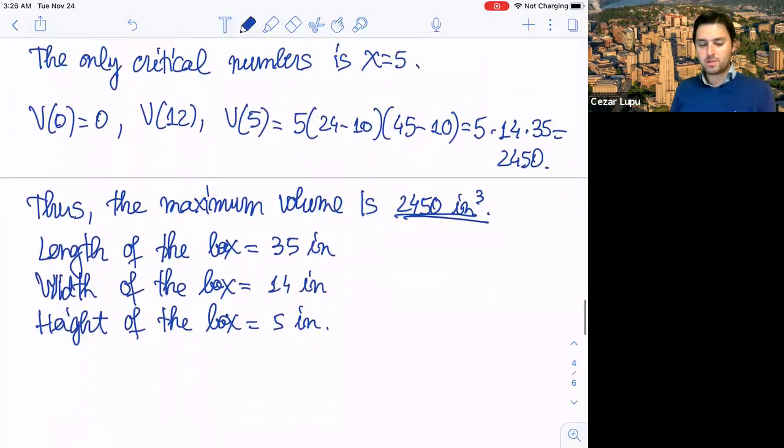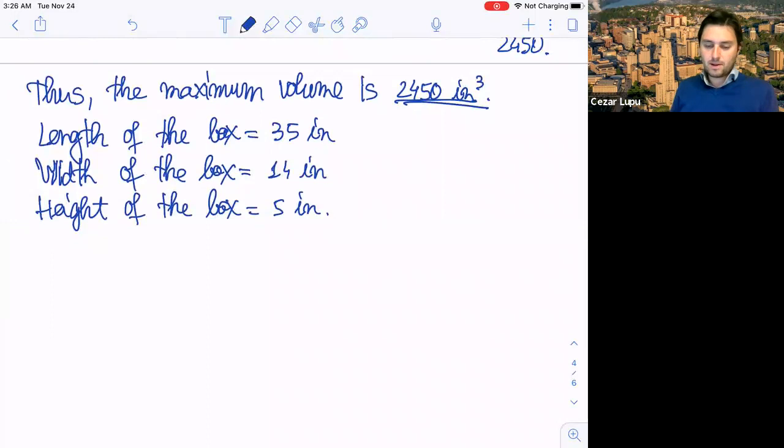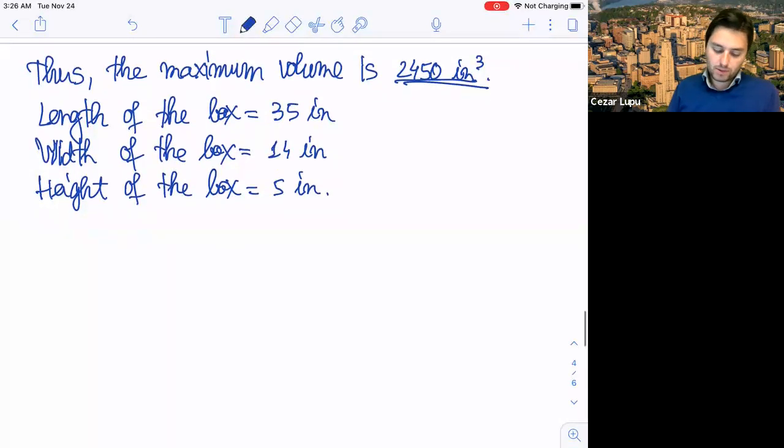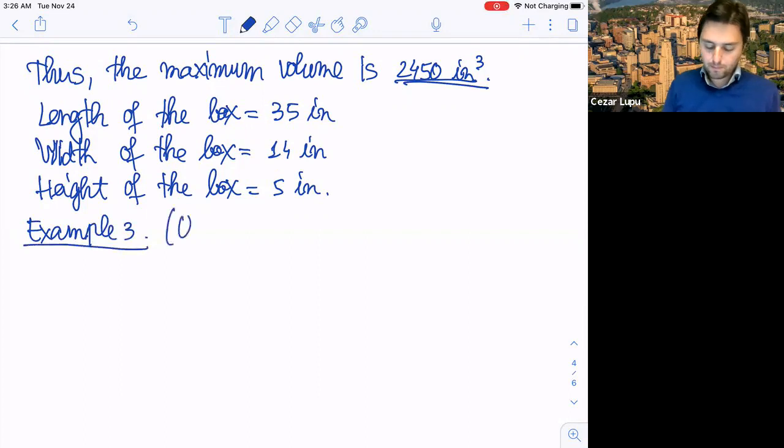Now let's talk about optimization in business. So example 3. We'd like to see optimization in business.